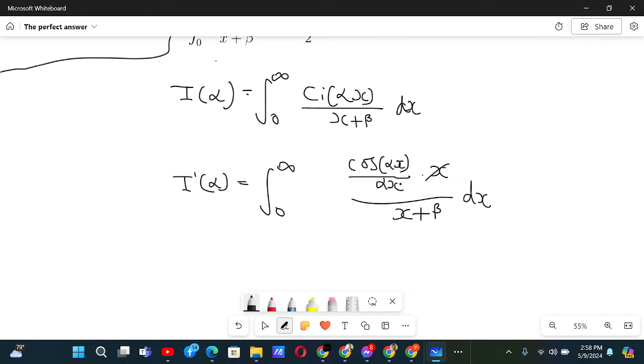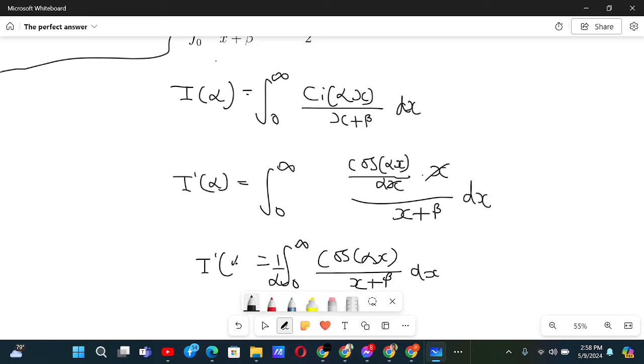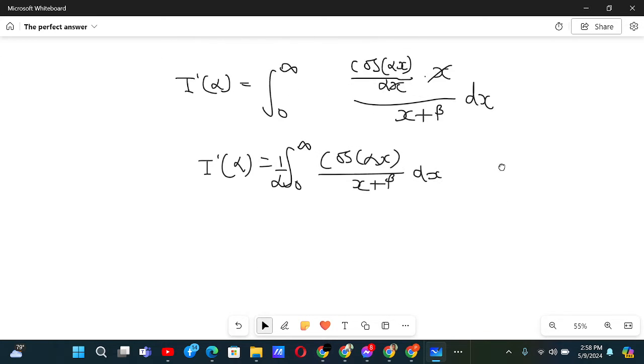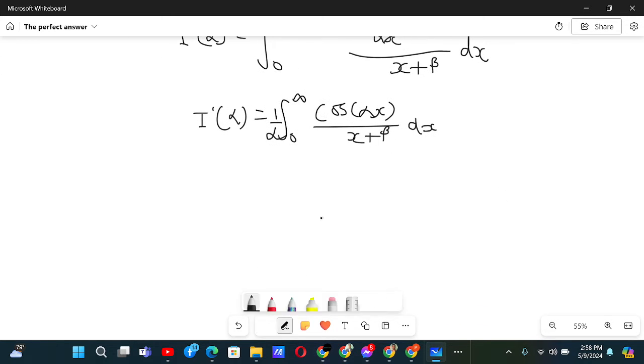Now cancel the x's and we have the integral from 0 to infinity of 1 by alpha cos of alpha x by x plus beta dx. Now the next step is all kind of obvious. We just let y equal x plus beta.